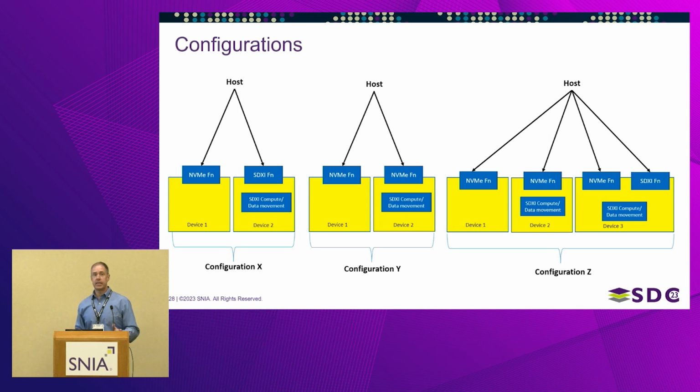And that is the key: SDXI has to have visibility of all the devices. So if you have SDXI external to the NVM subsystem, like Sham explained, in that case your host has to have visibility into all those memories down in the device if you're going to have that SDXI perform the data movement from one to the other.